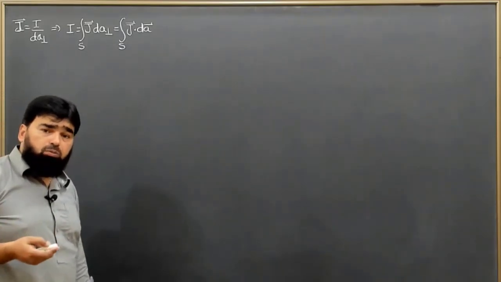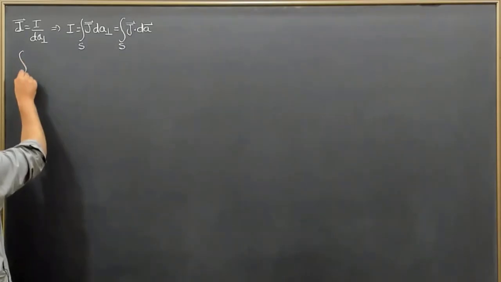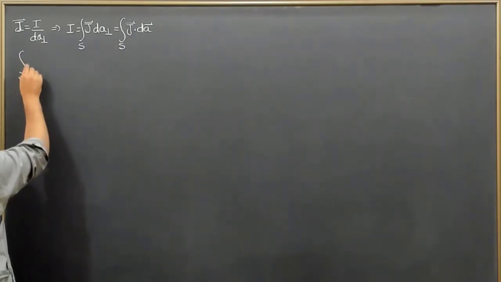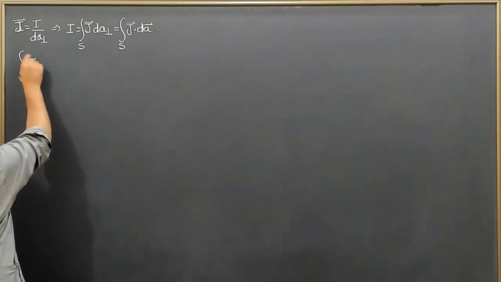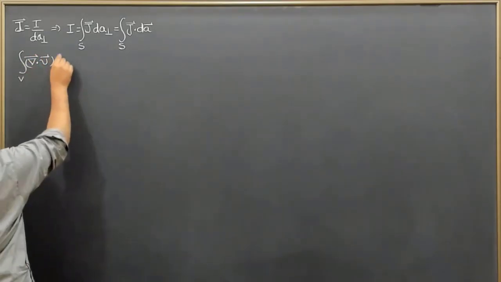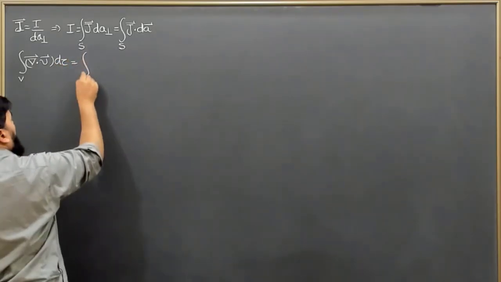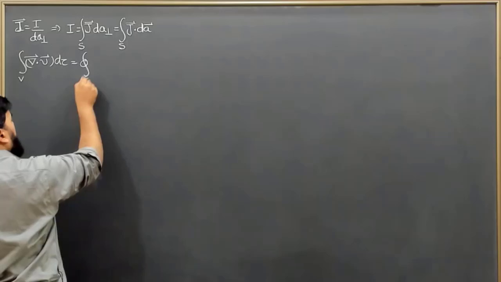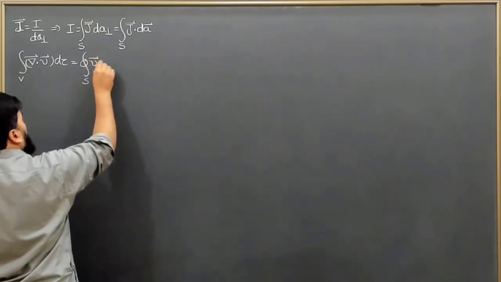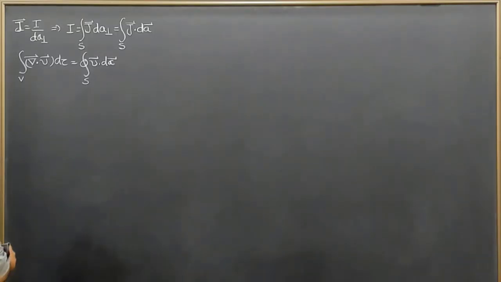Now we know the divergence theorem. With the help of the divergence theorem we will convert this. We know that the volume integral of the divergence of a vector quantity in a volume is equal to a closed surface integral of the flux of the quantity, V dot dA.